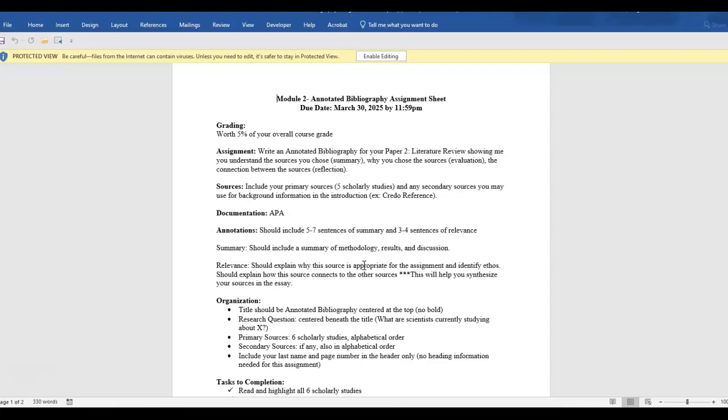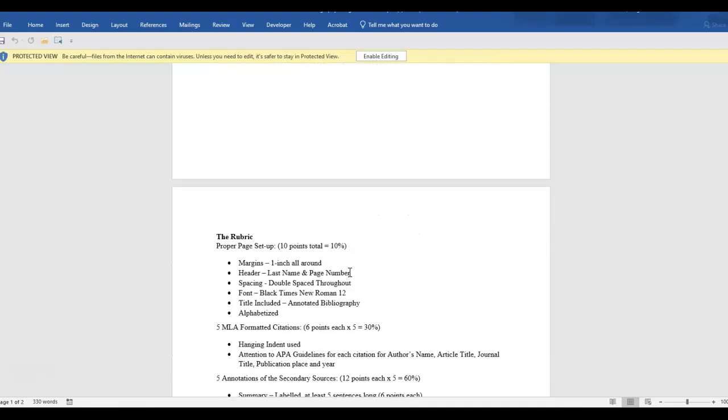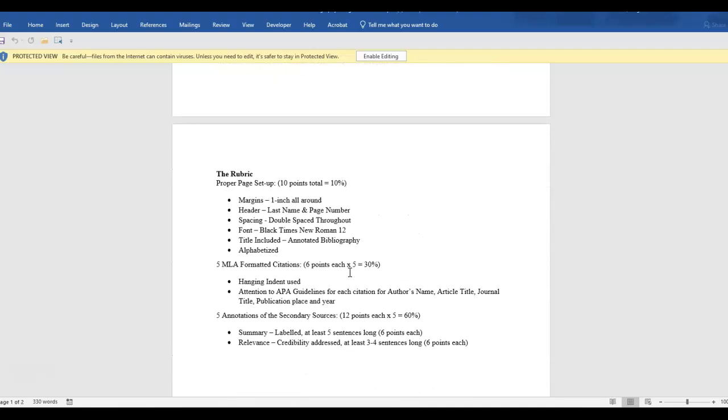Each source should be organized alphabetically with the APA citation, and then a 5 to 7 sentence summary, and then a 3 to 4 sentence discussion on its relevance. Why is it appropriate for your paper? This assignment sheet has the rubric and how I'm going to grade your annotated bibliography, so you want to look that over.